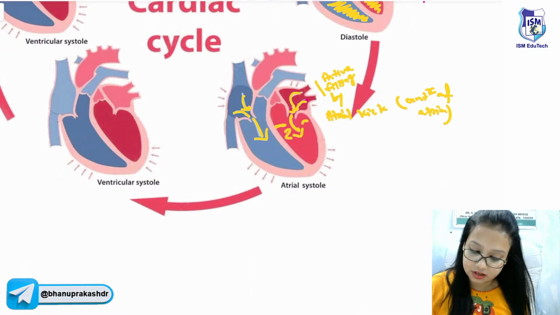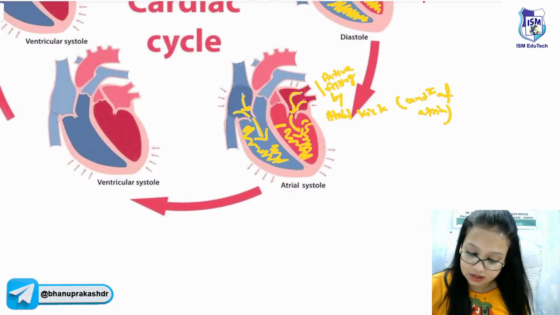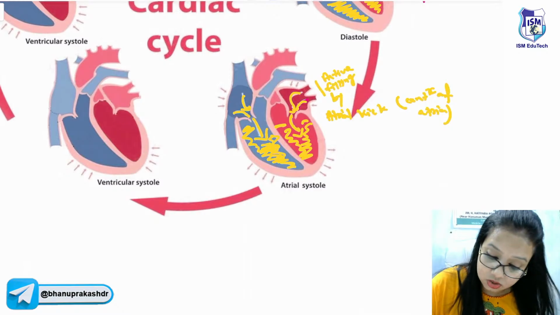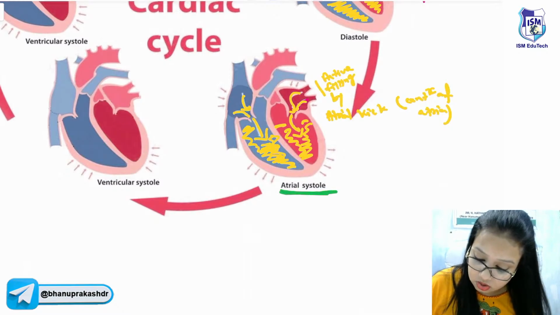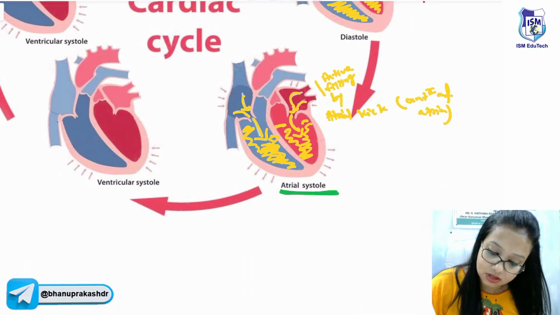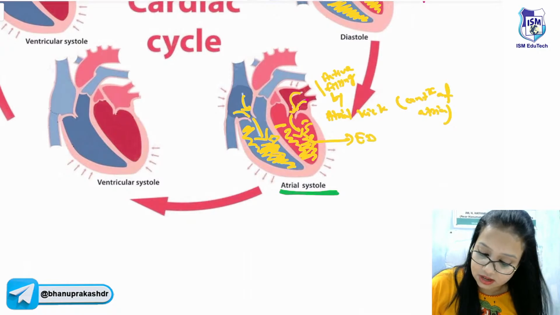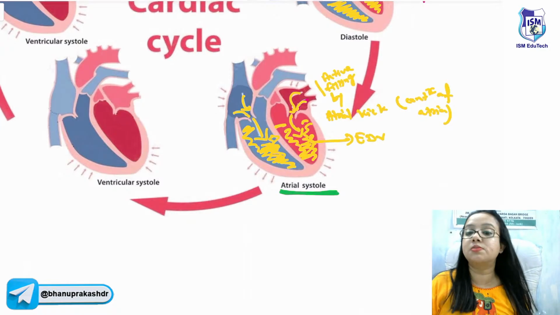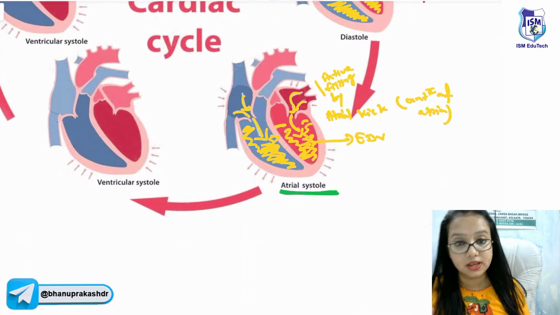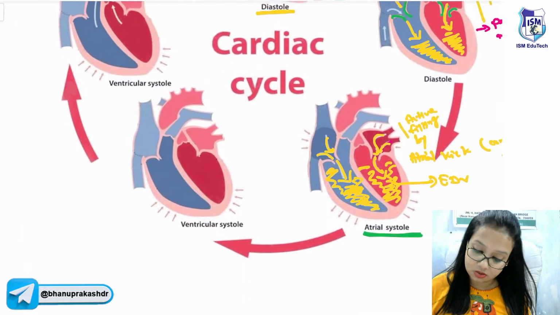Now the ventricles are totally full with blood. After this atrial kick, which also coincides with atrial systole, the ventricles are filled with blood, which is our end diastolic volume, about 130 to 150 ml. Okay. Now after that, what happens?